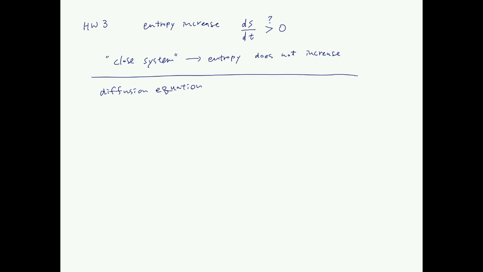Okay, so what's the diffusion equation? The diffusion equation tells us that partial rho partial t equals some diffusion constant multiplied by the gradient of rho. Now, how do we calculate the entropy with this? We consider this rho as the probability density.